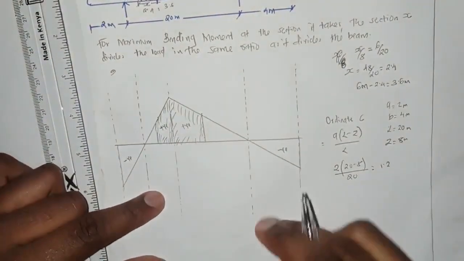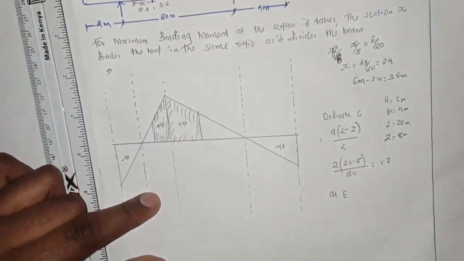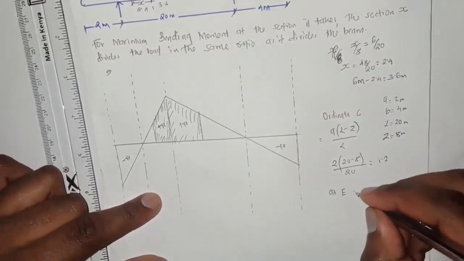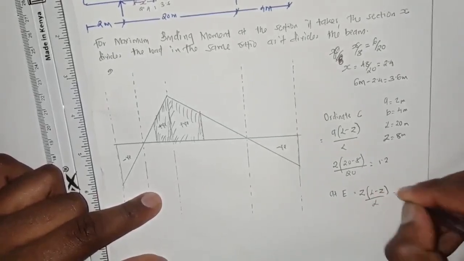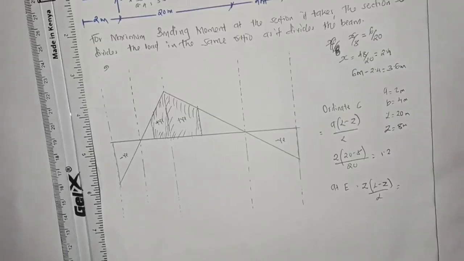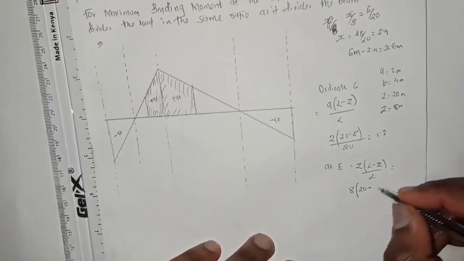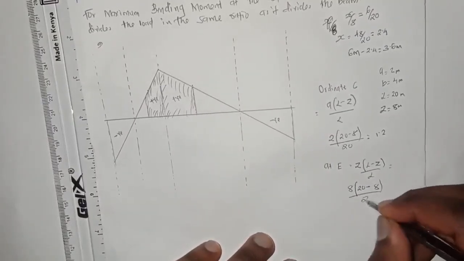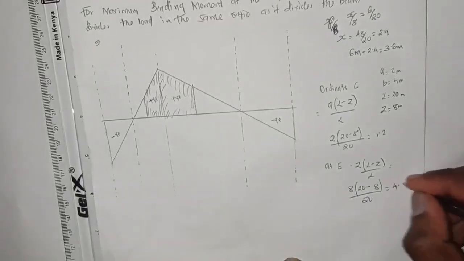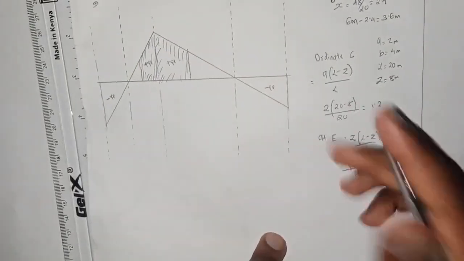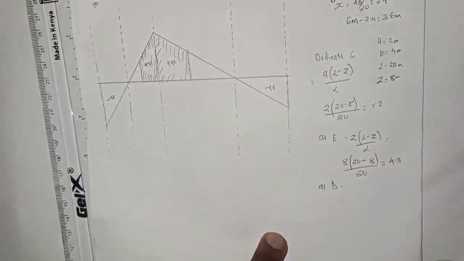So for our point E, it is Z into L minus Z all over L. 8 into 20 minus Z, which is 8, all over 20. When you do all of this, you should get 4.8. And at D, this is how you should arrange your work.